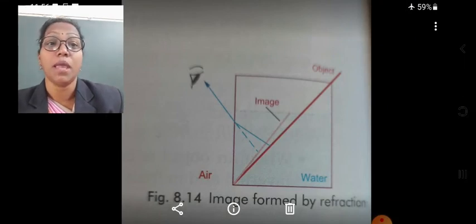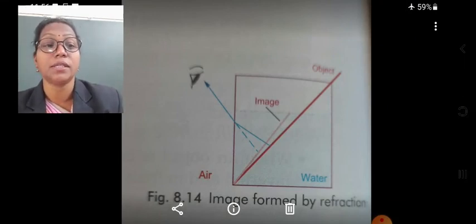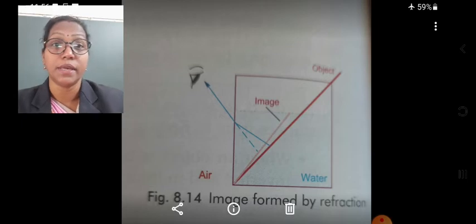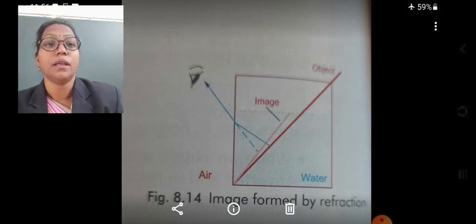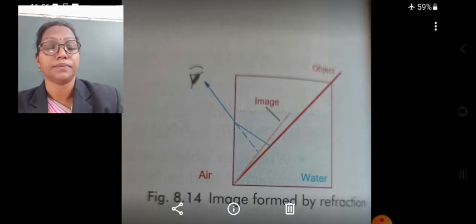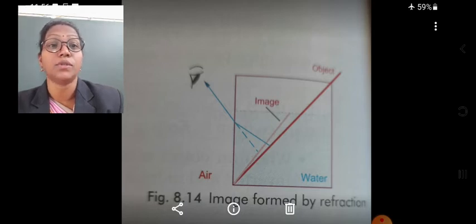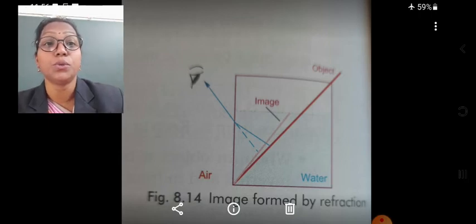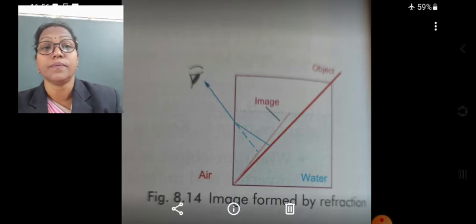Now children, the image formed by refraction is given on page number 74. Here the object is a straight object, but after refraction the light ray coming from the object is refracted by the water and also by the glass, and it enters the air and reaches our eyes.